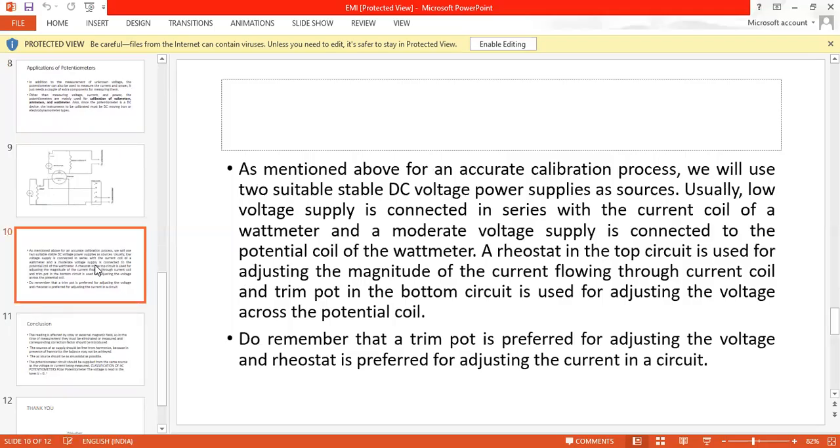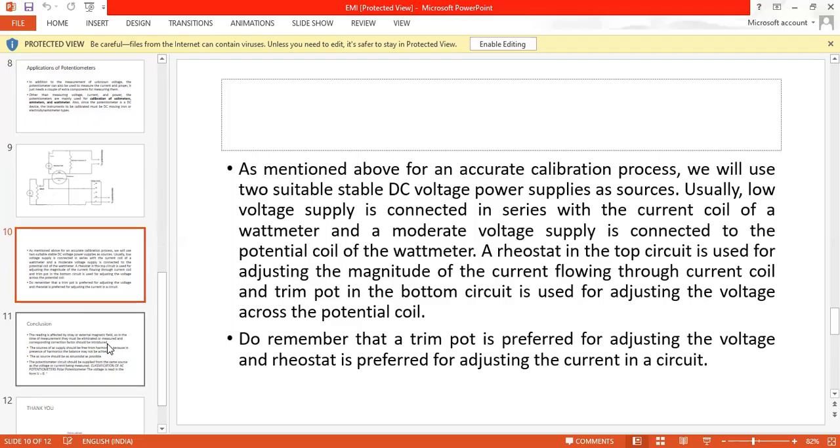Usually, a low voltage supply is connected in series with the current coil of the wattmeter, and a moderate voltage supply is connected to the potential coil of the wattmeter. A rheostat in the top circuit is used for adjusting the magnitude of the current flowing through the current coil, and a trim pot in the bottom circuit is used for adjusting the voltage across the potential coil. Do remember that a trim pot is preferred for adjusting the voltage and a rheostat is preferred for adjusting the current in a circuit.